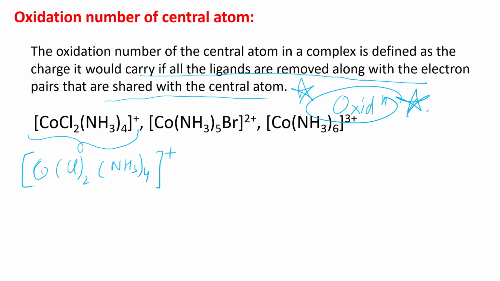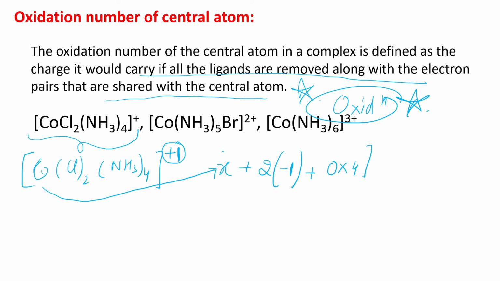As you can see, there is an overall plus one charge. So let us consider x as the charge for cobalt. Plus there are two chloride ions, and each chloride ion has a charge of -1. Ammonia is a neutral ligand, so 0 into 4. And it is equal to the overall charge of +1.